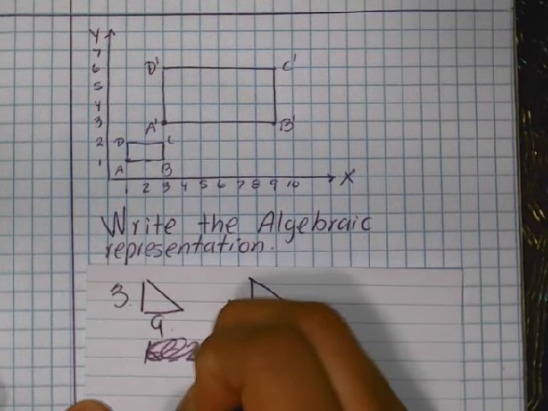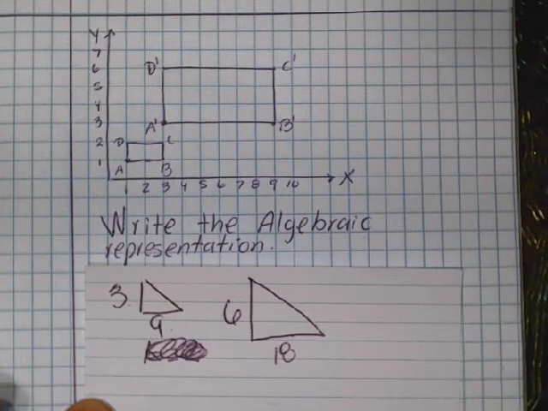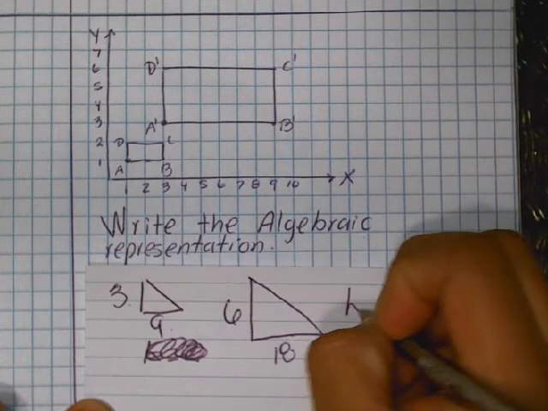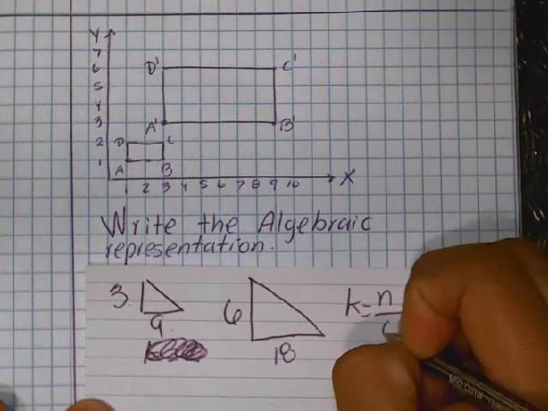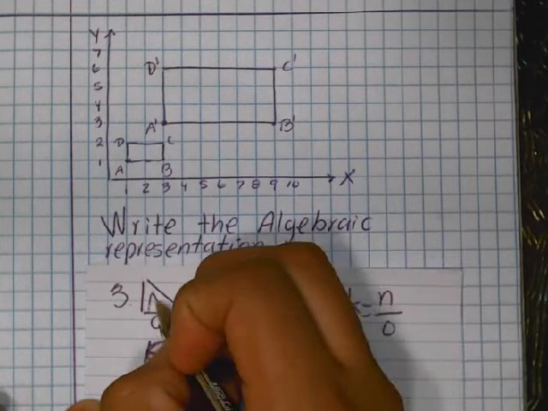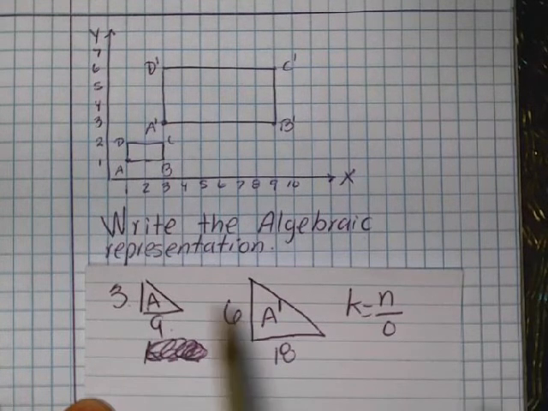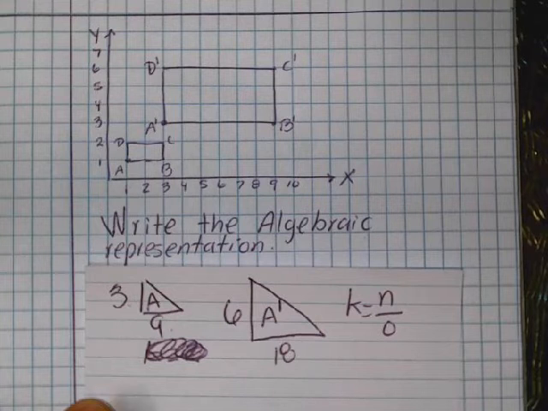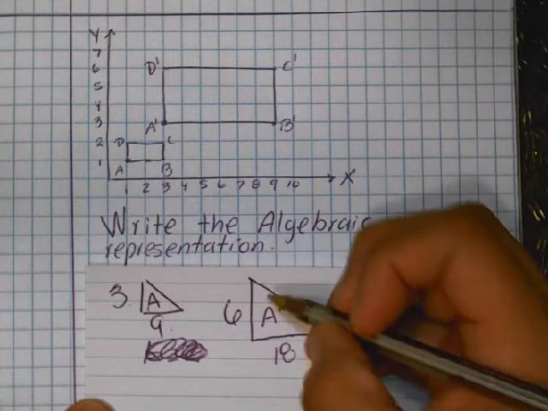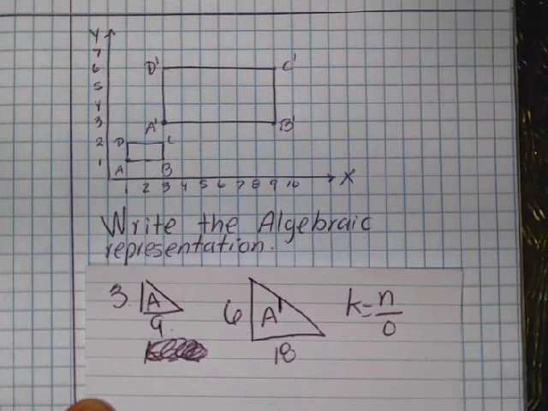Now let's say I have the shapes, but nobody gave me the scale factor. I will be able to find the scale factor by using my formula, new over old. I'm going to label this as A. This will be my A prime. We take any measurement from the shape that is the new one.